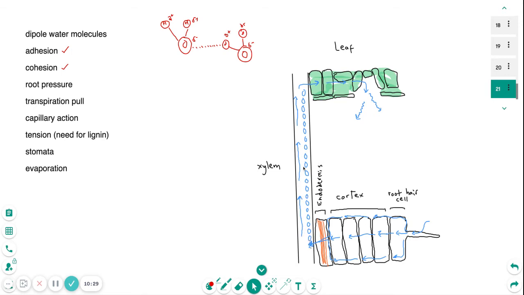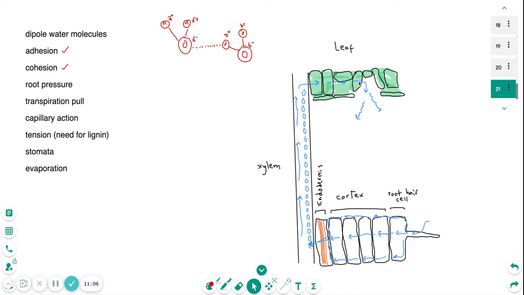Right, why is water moving up the roots, up the xylem? Well, let's focus on the first one, which we call the transpiration pull. Water is evaporating from tiny holes at the bottom of a leaf called the stomata. And you can see we've got the liquid water. When it gets to the stomata, it's vaporizing. And when it evaporates, it leaves behind an area where there's no water, and that needs to be filled by the water in this region here.